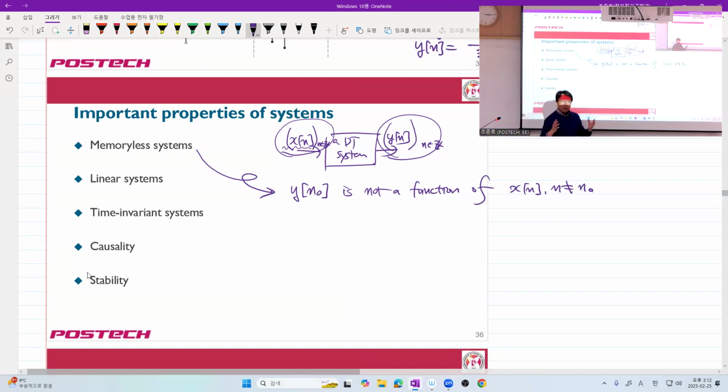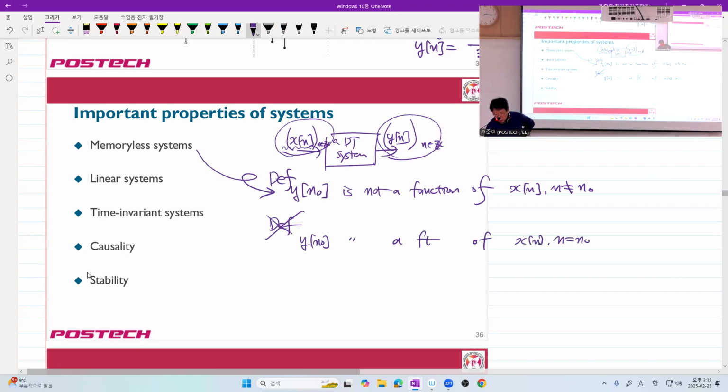The trouble with many books, not all, on signals and systems and discrete time signal processing, is that they say this is the wrong definition: y of n is a function of x of n for n equals n0 for all n. It looks like they are the same thing, but actually not. Let me give you an example.